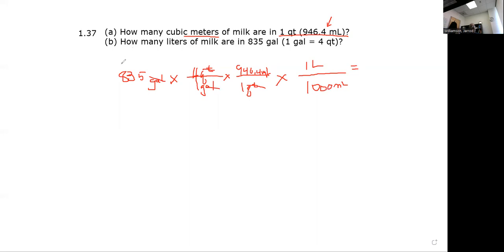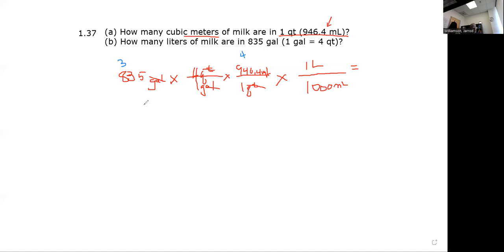So here I have 3 sig figs, 4 sig figs, and everything else is exact. Exactly 1 gallon is exactly 4 quarts. That's defined that way. Exactly 1 liter is exactly 1,000 milliliters. So I'm going to get this out into my calculator.